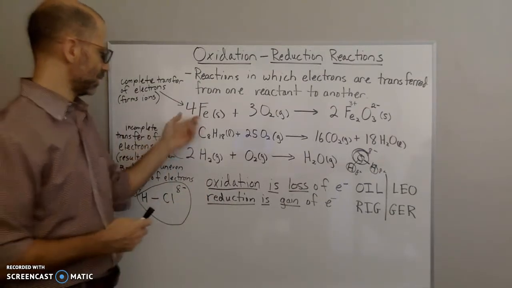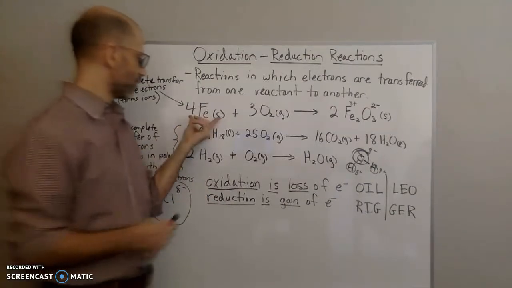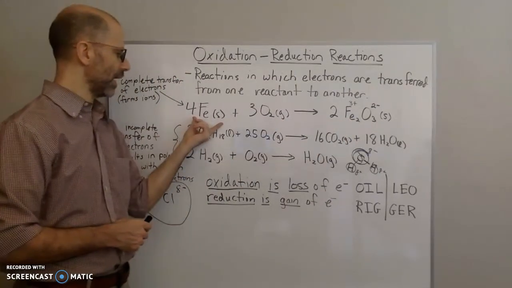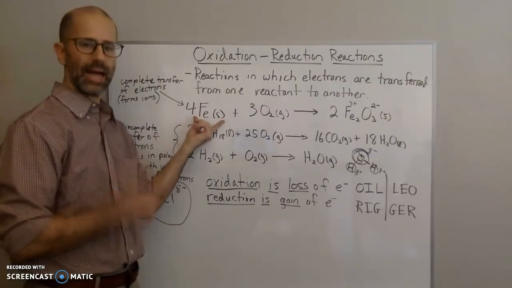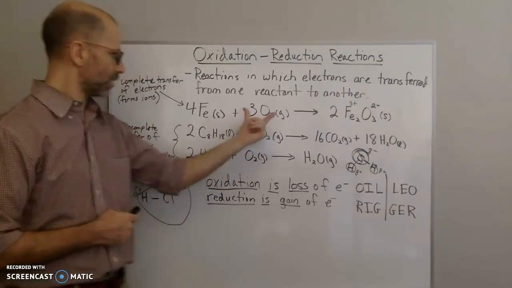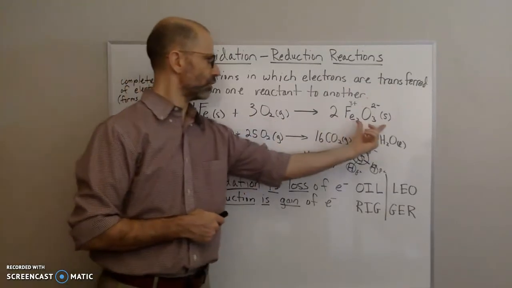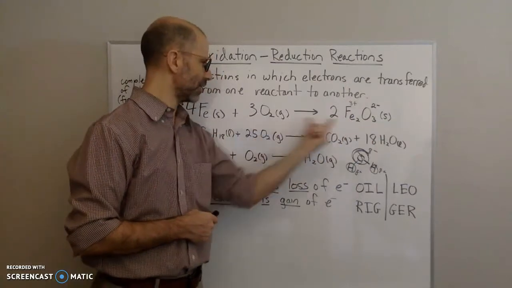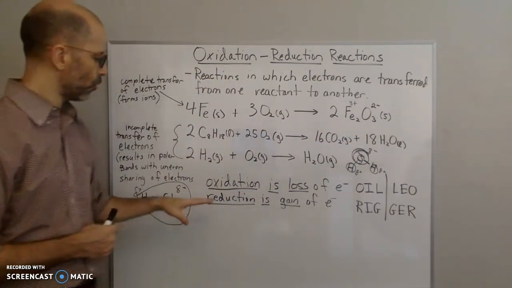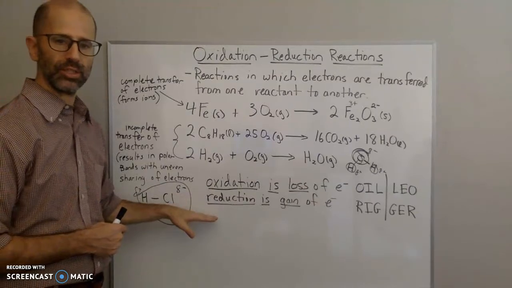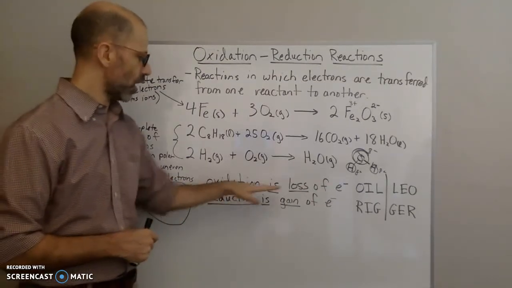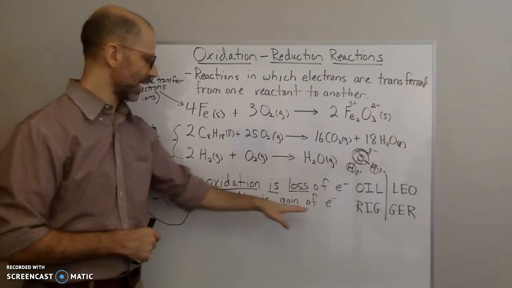In this case, the iron went from 0 to +3, so it lost electrons, so iron got oxidized. Oxygen, however, went from no charge to a negative charge, so it gained electrons, so the oxygen got reduced. Those are the simple definitions of oxidation and reduction. Oxidation is loss of electrons, reduction is gain of electrons.